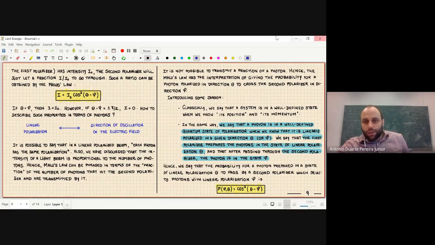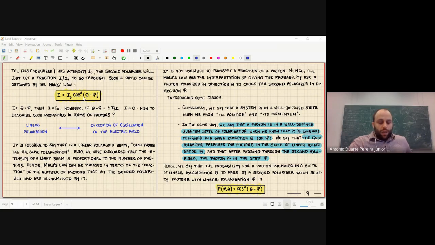Let me go to the chat because there are some questions. Please, can you repeat when the angles are not equal? Okay, so if theta and phi are not equal, then the intensity of the light that is going to go out of the second polarizer is given by this expression, okay?